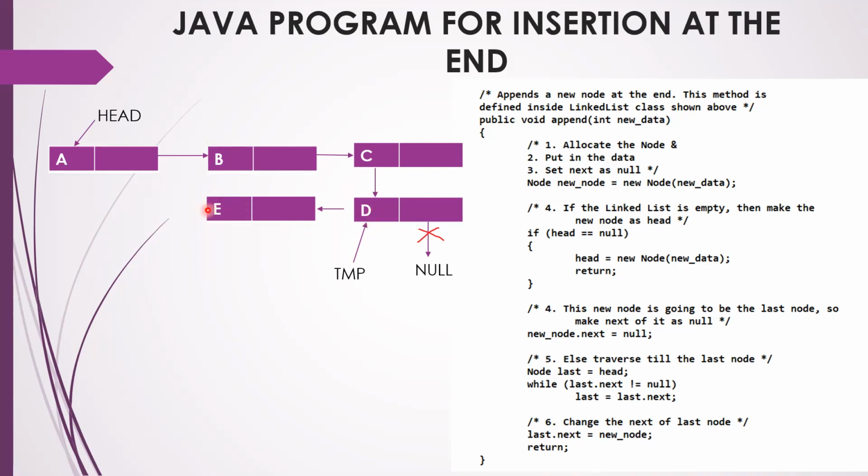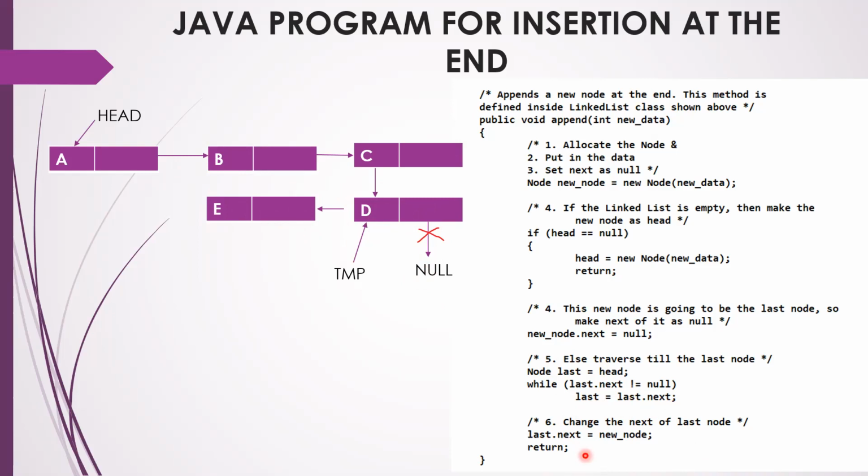Before the element E got inserted, D was the last element in the linked list, and its next field was pointing to null. So in order to insert E at the end of the linked list, first we have to store this D somewhere. For that, you make last.next into a variable last.